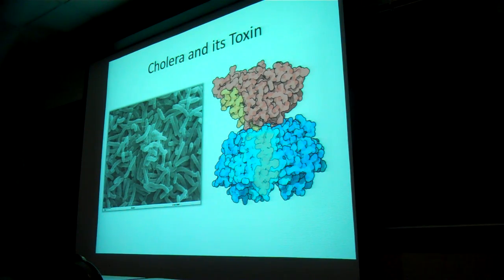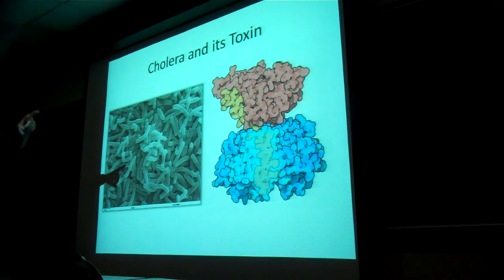It attaches to the intestinal cells. They engulf it in vesicles and bring it into the cell. The lysosomes want to digest it, and basically cut the bottom part off, which is the identification part, and this toxin is released into the cell.